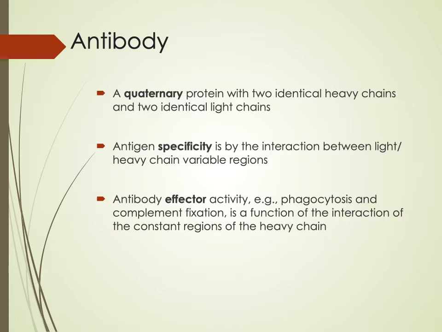The antibody is going to have a specificity to a specific antigen, and that is in a region of both the light and heavy chain, known as the variable region. Antibodies have a number of effector functions, so they can help initiate phagocytosis and complement. We'll talk about complement later on in the semester when we talk about the innate response, but this process can be initiated by antibody binding.